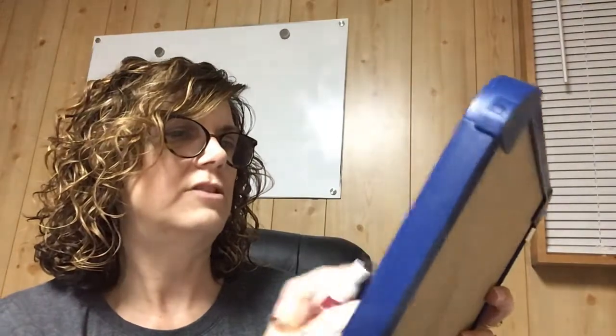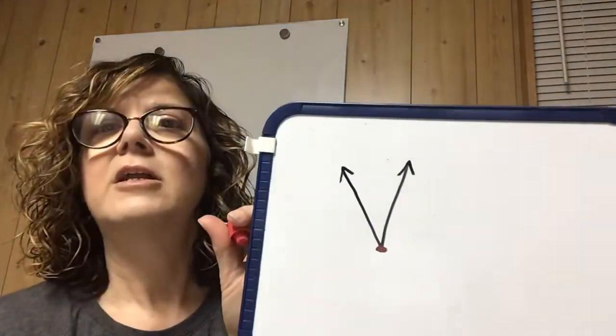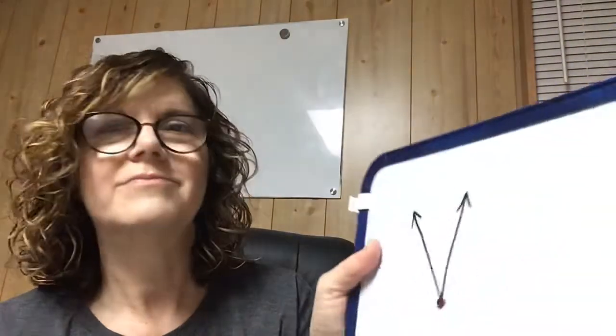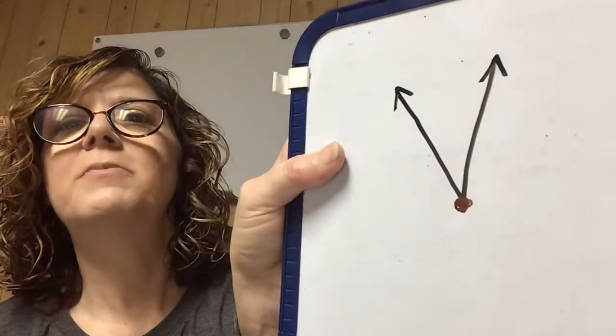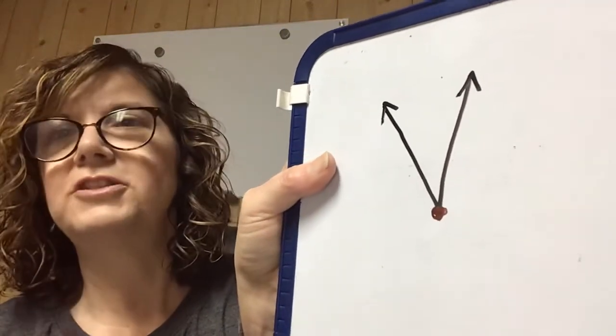Okay, that's what you're supposed to do. Okay, and now my red has black in it, so it doesn't look red. But that's what happens when you mix colors with markers. You shouldn't do that. It's not good. But anyway, that's what you need to do. And when you get to each one of them where they meet, you need to put a dot.